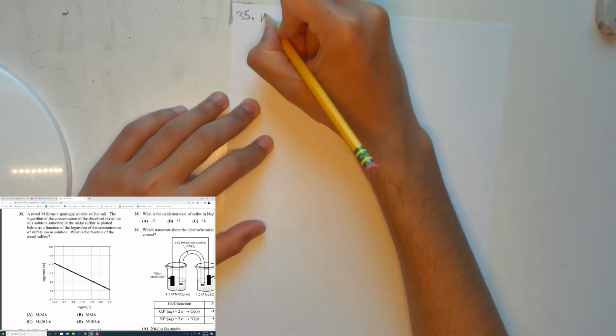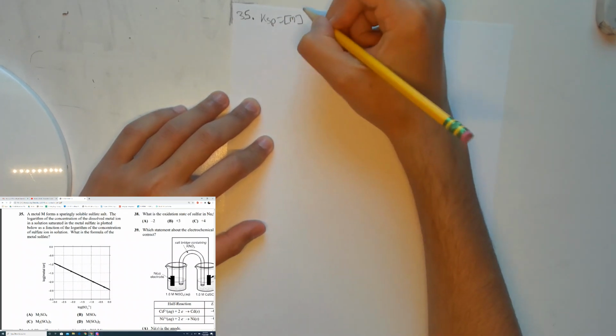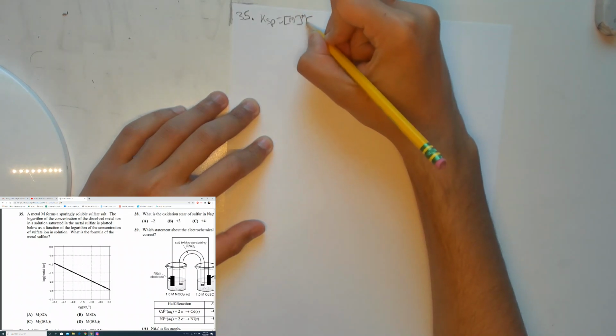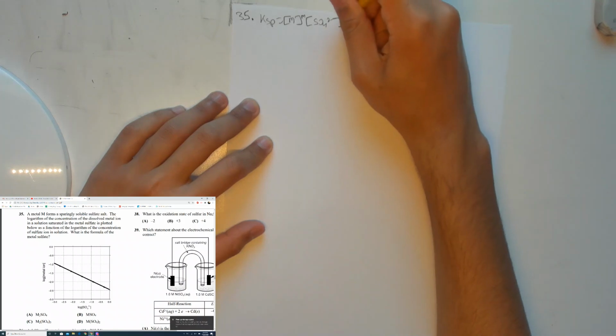What's the formula? Okay, I think there's 2 ways to solve this. I'll show you one way because I forgot the other way. Maybe I'll list it in the comments down below. The way I solved it is, you know your Ksp. Your Ksp equals the concentration of metal M to the power m, times the concentration of SO4 2 minus to the power n.